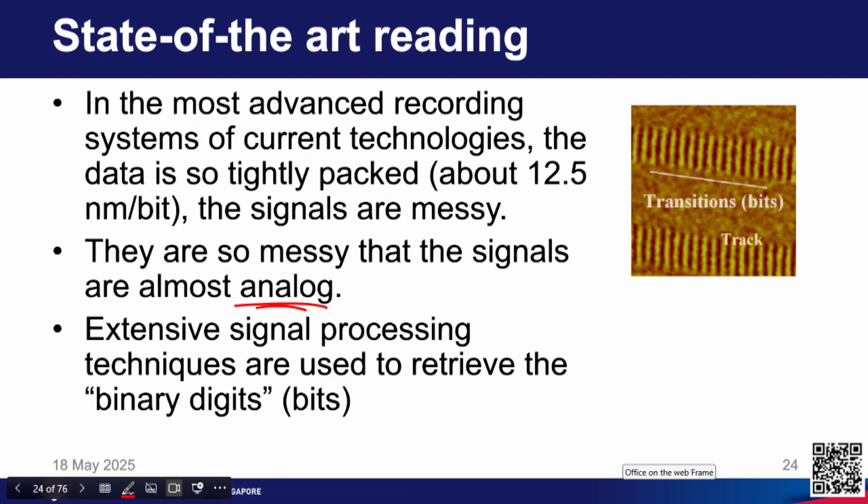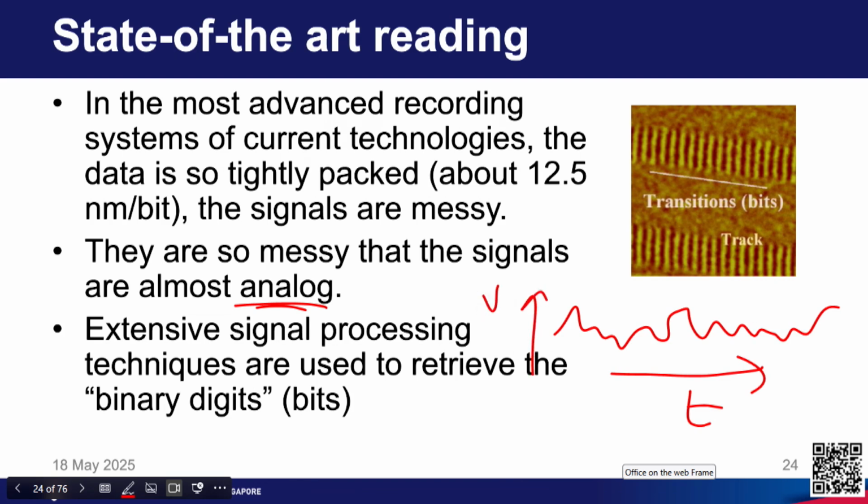In the current state of the art technology, whatever discussion I made earlier is too simple. In reality the signal will be somewhat like this. Let us say this is time and this is the voltage picked up by the sensor. So you will have something like this. As humans we cannot say which is 1 and which is 0, but the electrical engineers and mathematicians are very smart.